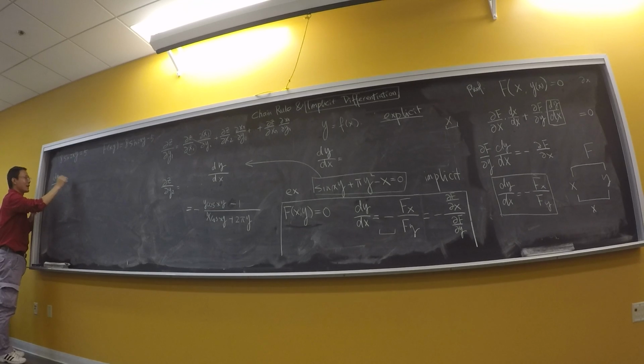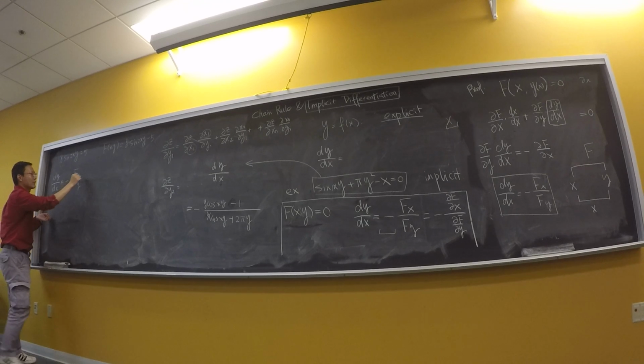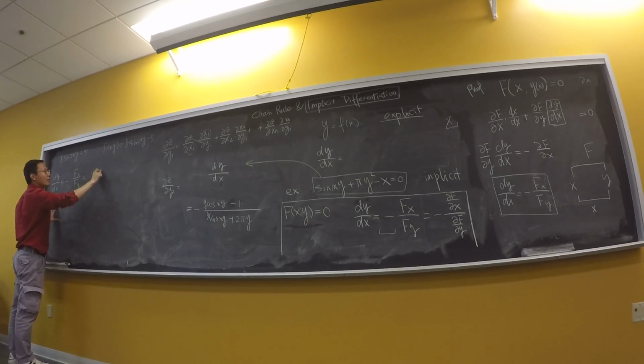Again, a minus sign in front of it. Okay, minus sign, then f of x, then f of y. So what is your f of x? 8 cosine 2xy times 2y. It's going to be 16y cosine 2xy, divided by, with the minus sign, 16x cosine 2xy.